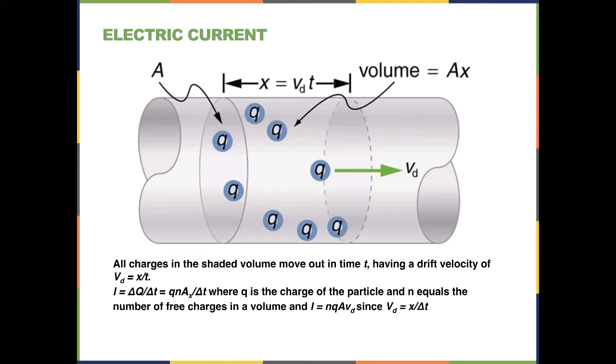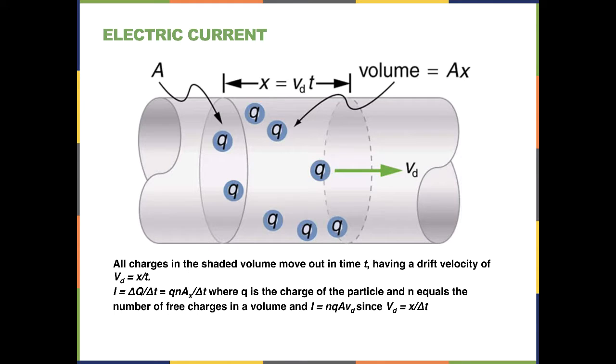Now we know that current is equal to the change in charge over time. You can express this charge as the quantity of the charge of the particle times the number of free charges in that volume times the cross-sectional area of that volume.